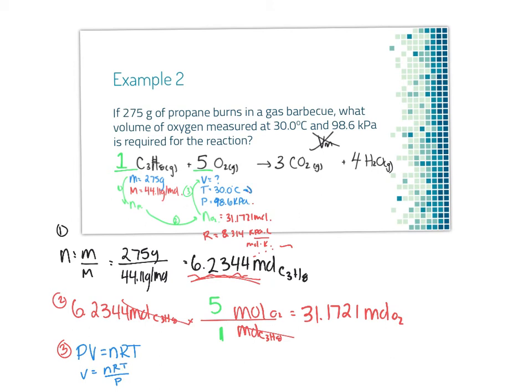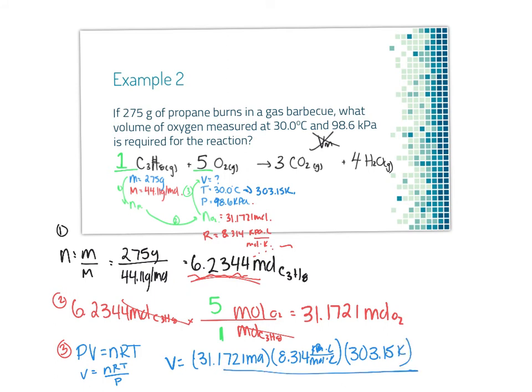Turning this into Kelvin, we add 273.15. That is 303.15 Kelvin then. So volume is equal to our number of moles that we calculated, 31.1721 moles, times our R, times temperature in Kelvin, divided by our pressure in kPa, which it already is.